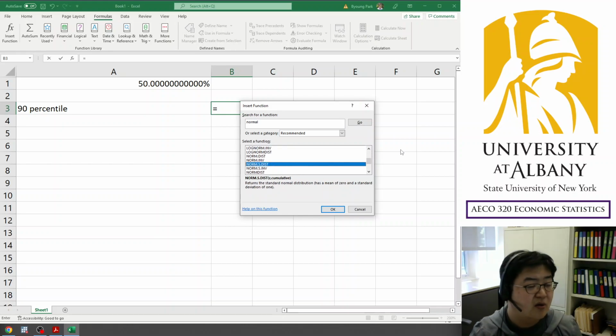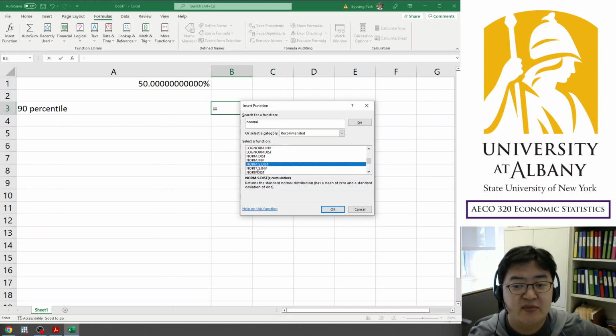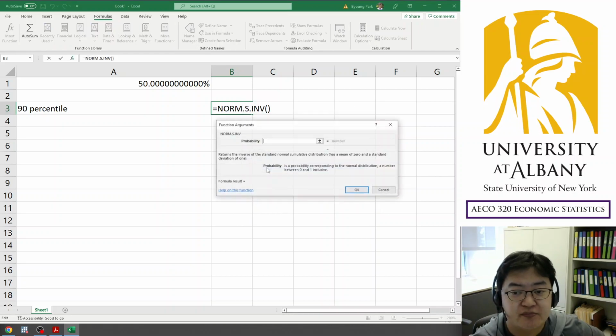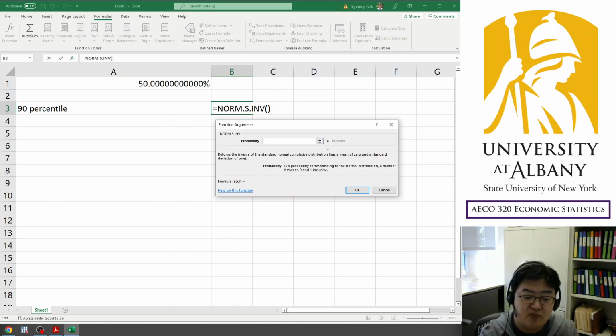Earlier we used norm.s.dist, but now we are going to use norm.s.inv. INV means inversion, so inverse. We are inverting the CDF function, so you may just click this. There is only one entry. You just need to input the percentile you want to calculate.